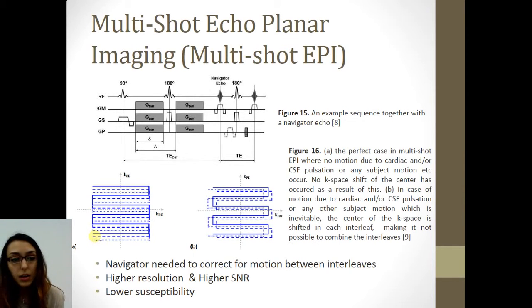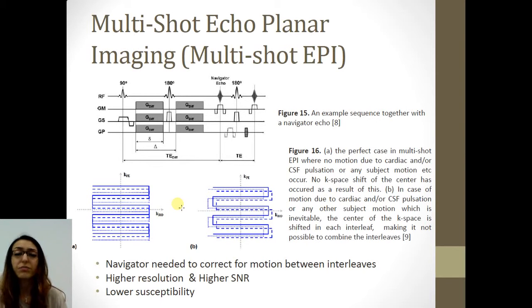For example, here we are at this point with the blue solid line. In one TR we acquired the blue solid line, and in another TR we acquired the dashed line, and for example in the third TR we acquired the dotted line here, so that we can have a more reasonable resolution and SNR. However, as I mentioned before, there is some inevitable motion in our body, such as CSF pulsation or heart pulsation.